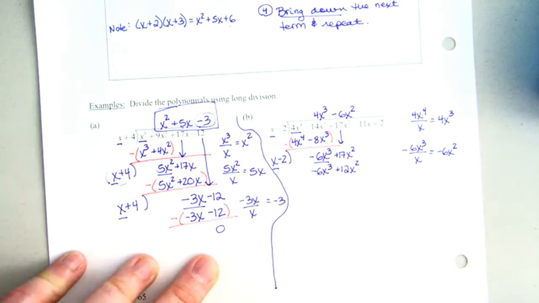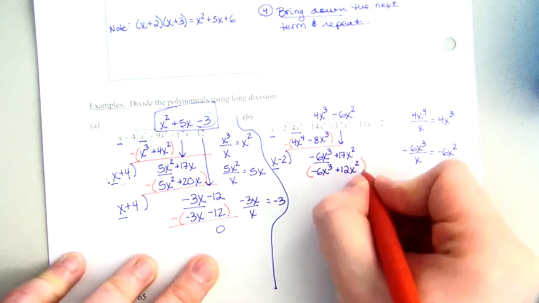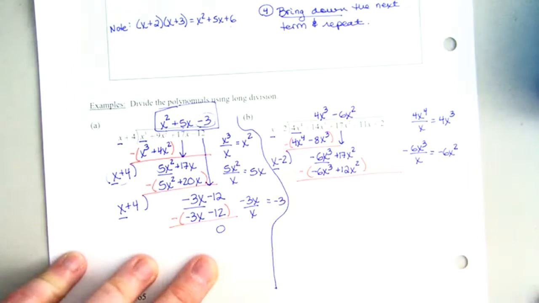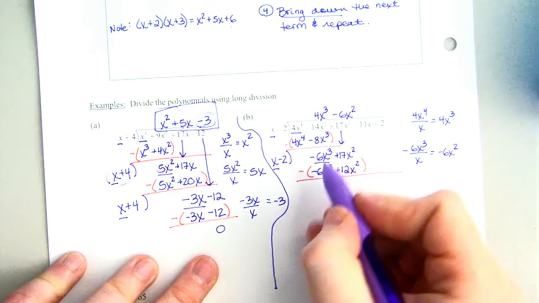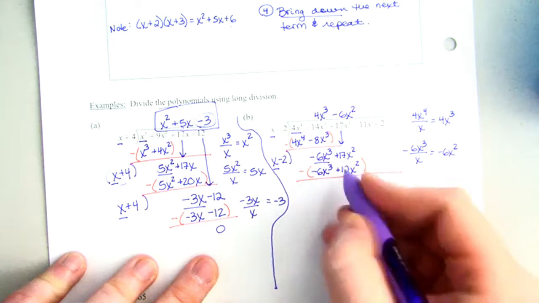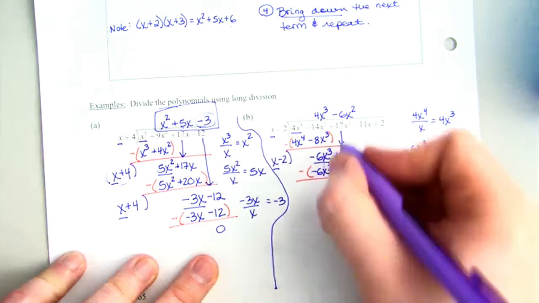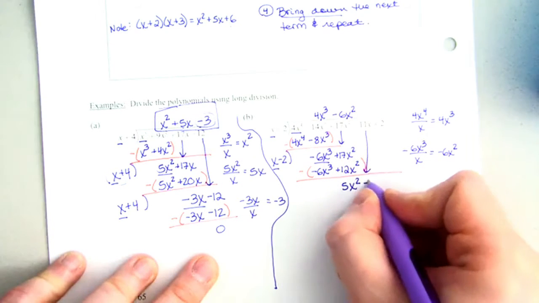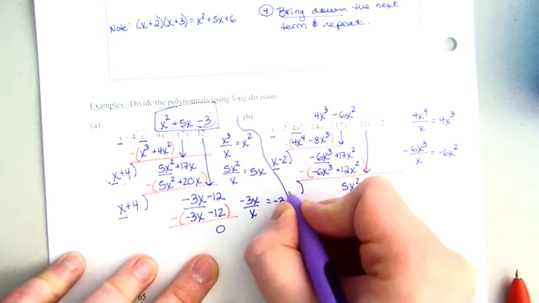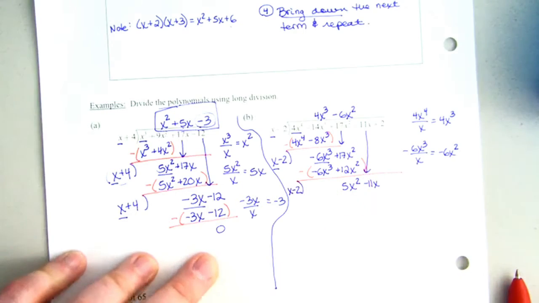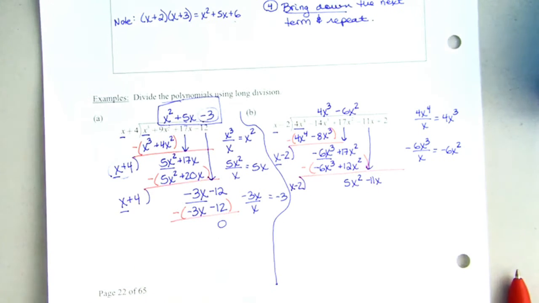I'm going to put in parentheses, and I'm going to subtract, being super careful with my signs with all this stuff. Gone. 17 minus 12 is 5x squared. I'm going to bring down that next term. And same deal as before. I'd like to see if you can go do the next round. Divide, multiply, subtract, bring down, stop, and we'll compare notes.